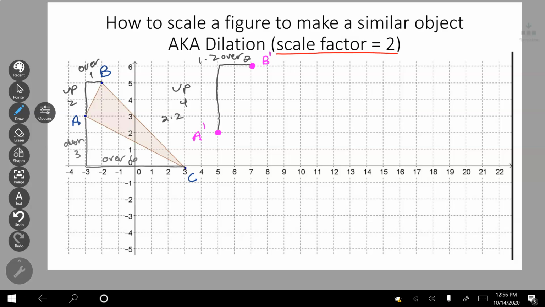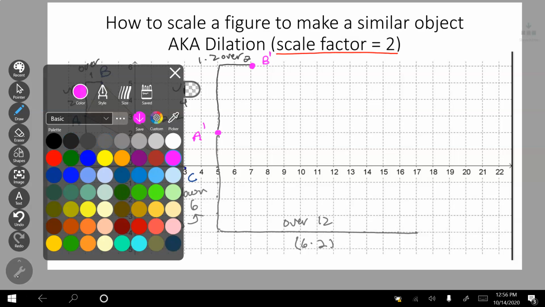So it's going to be down 1, 2, 3, 4, 5, 6, and over 1, 2, 3, 4, 5, 6, 7, 8, 9, 10, 11, 12. So now it's down 6 and over 12 because I did 3 times 2, and 6 times 2 over here.